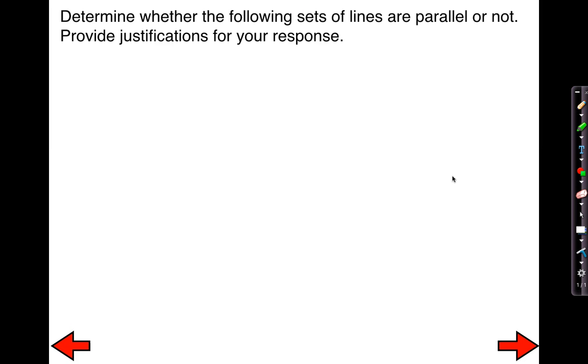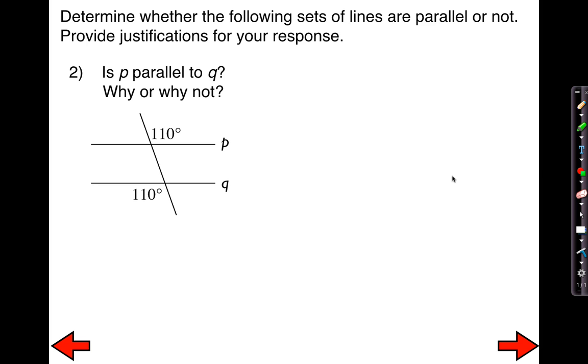It says here, determine whether the following sets of lines are parallel or not and provide justification for your response. So is P parallel to Q? Why or why not? Well, first of all, I see that the relationship these angles share is that they are on the outside, so they're exterior. And they are on alternate sides.